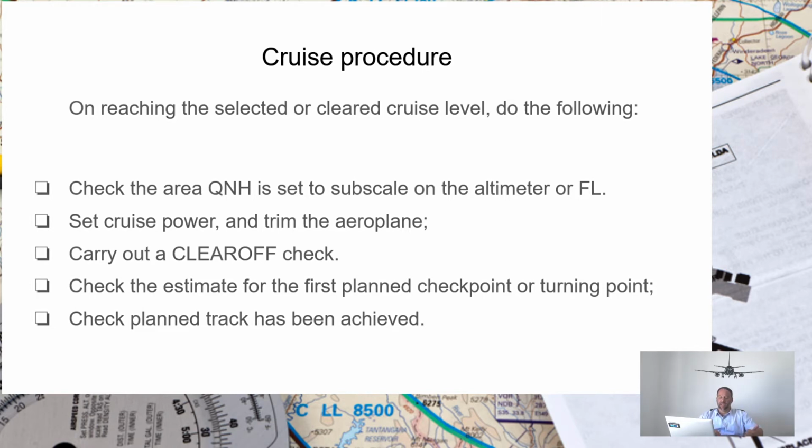Check the area QNH is set on the altimeter subscale, or flight level. Set cruise power and trim the airplane. Trim for the attitude. Carry out the clear off check. Check the estimate for the planned checkpoint or turning point. Check planned track has been achieved. Check what your track made good is.